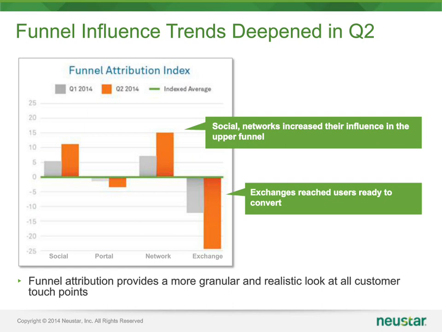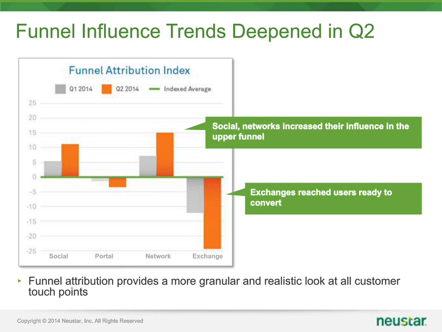And so what we continue to see here is that every channel in Q2 is getting more effective at what it does. The trends that we started seeing emerging in Q1 continue to be seen in Q2.